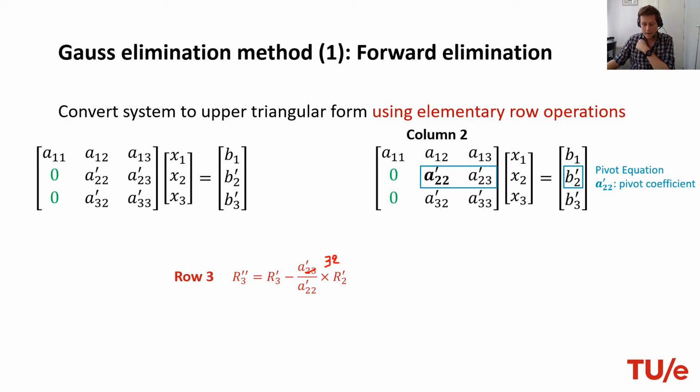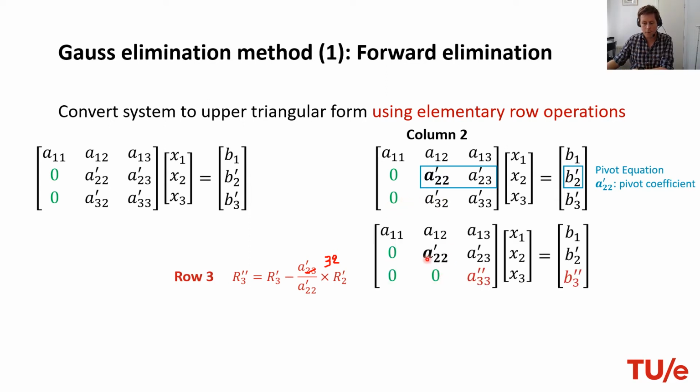If we do that, this element will be put to 0. This element is in general non-zero, but it has changed from here to here, and this element has changed as well. Now below the pivot coefficient in the second column, we have only a 0.